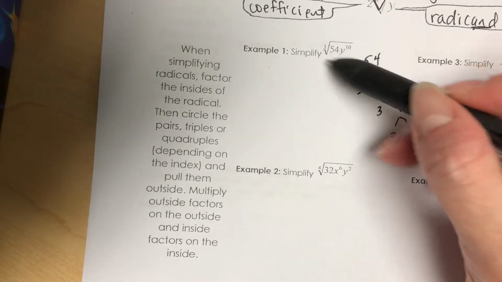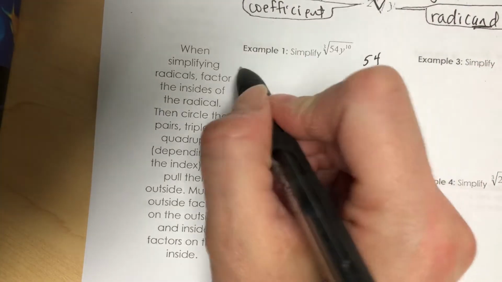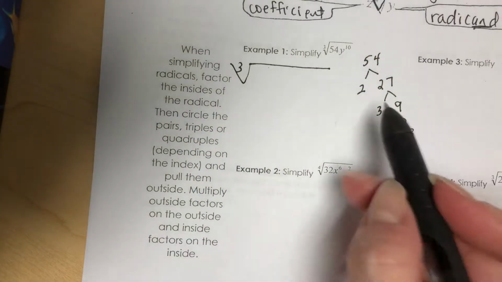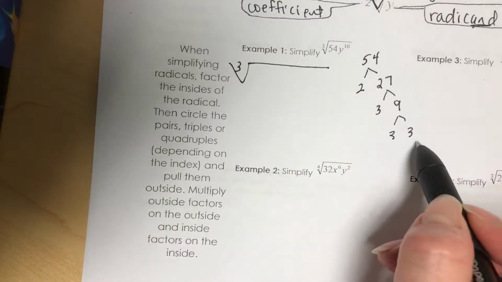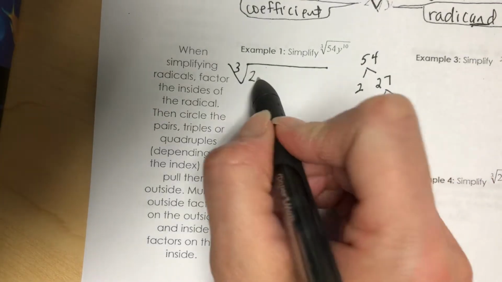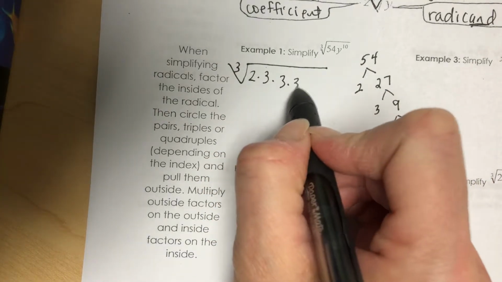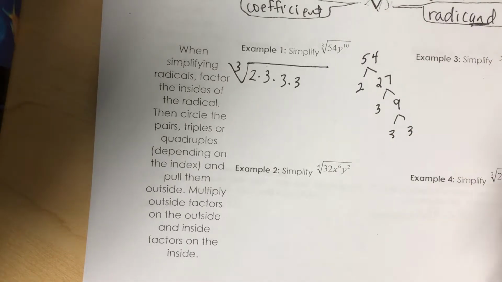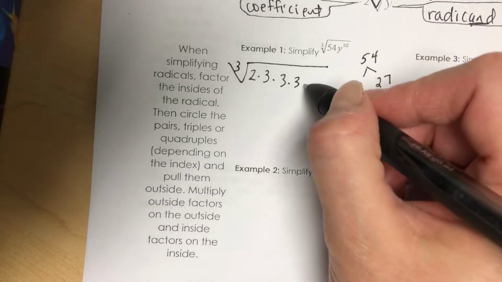So I'm going to rewrite the original problem, and I'm going to say I've got the cube root. The 54 I can write as 2 times 3 times 3 times 3. And then y to the 10th, okay? So I can go ahead and expand that out. I know that means y times itself 10 times.